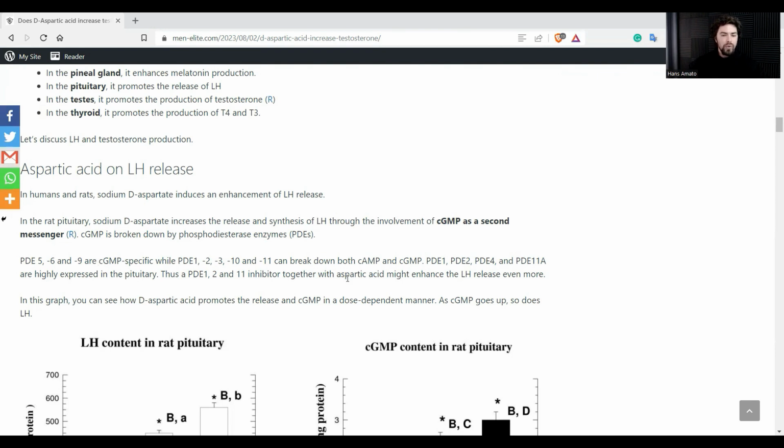In the pituitary, PDE1, PDE2, PDE4, and PDE11 are highly expressed. If you could inhibit any of these, you would probably get a longer and greater increase in LH.